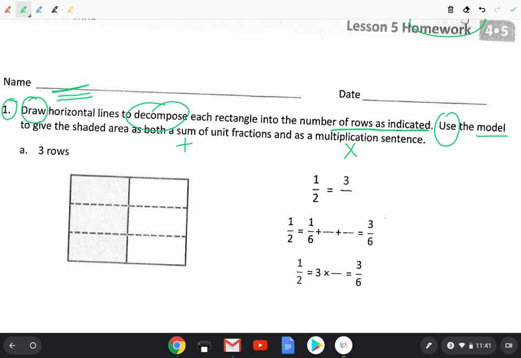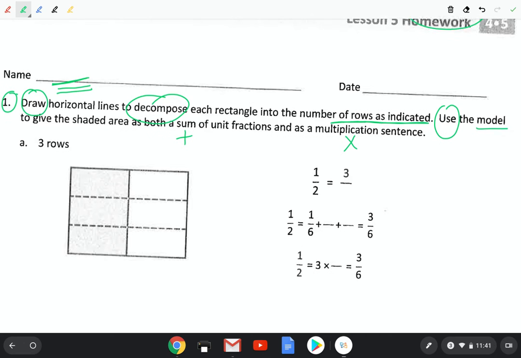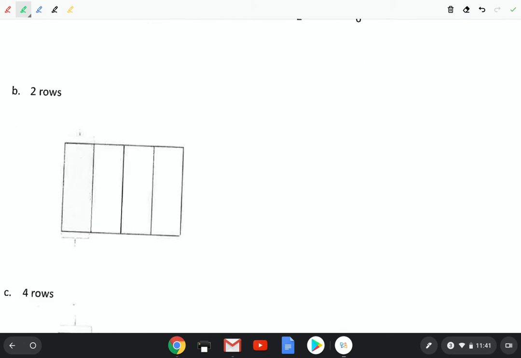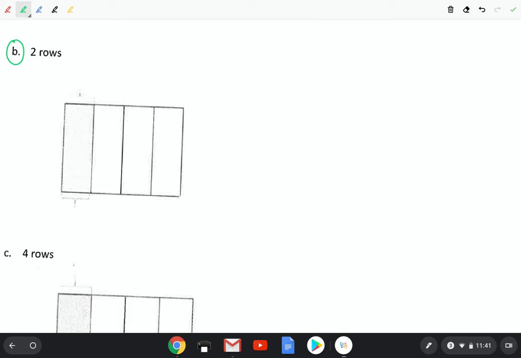This is a multi-step set of directions, okay? So let's take it one task at a time. The first one says to draw horizontal lines to decompose into the number of rows that they are telling me, okay? So I would like to begin with B, okay?